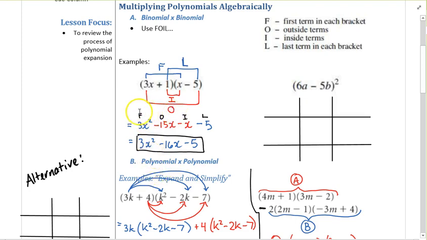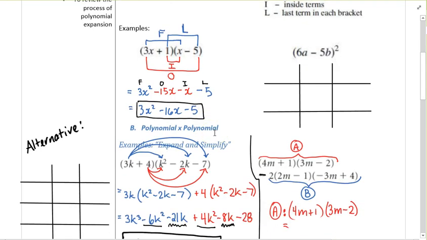With FOIL, you just say it in your head and do the process. You don't show any of these lines, so it's much cleaner. But you can show your arcs if that floats your boat. I'm not going to make you not show your arcs. You just, so you know, we want you to stop using those arcs as soon as possible.